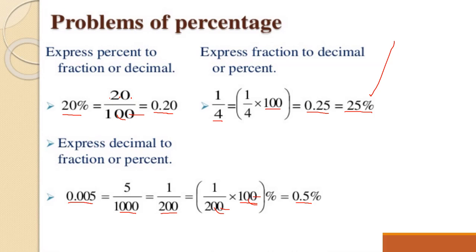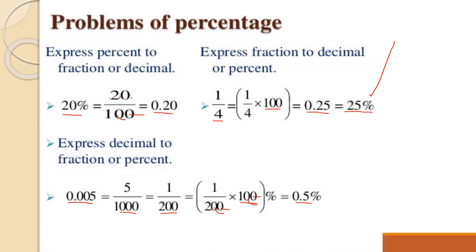What do you do? 1 zero from here and 1 zero from here, we cancel. So what remains? 1 over 2. The percent is there. 1 over 2 can be written in decimal as 0.5%.